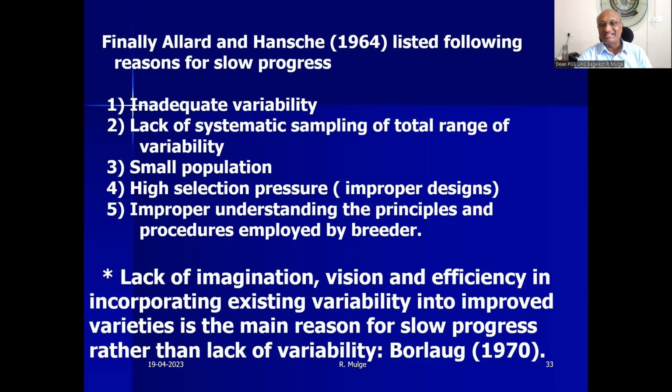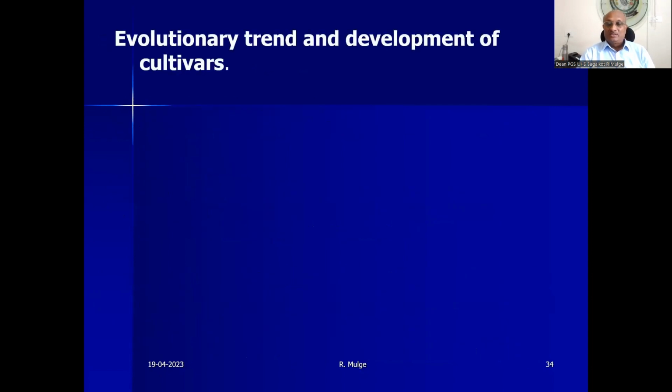It is lack of imagination, vision and efficiency in incorporating the existing variability that slows crop improvement. So don't always blame. Improve whatever is possible in your hand. You have to be good enough to handle it. Then only the pace of crop improvement can be increased. So that is the bottlenecks, what plant breeders should be, and how they can handle it.